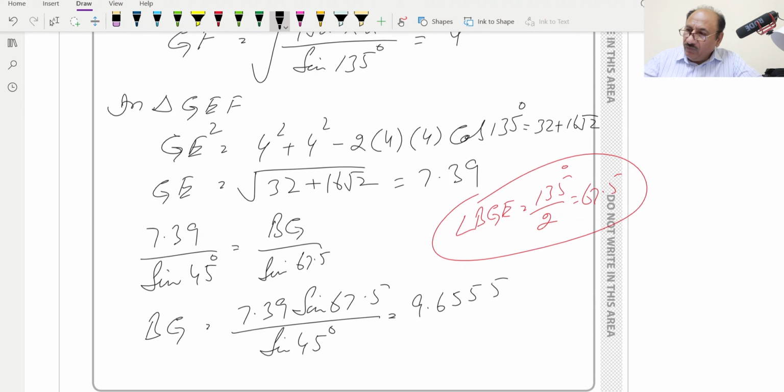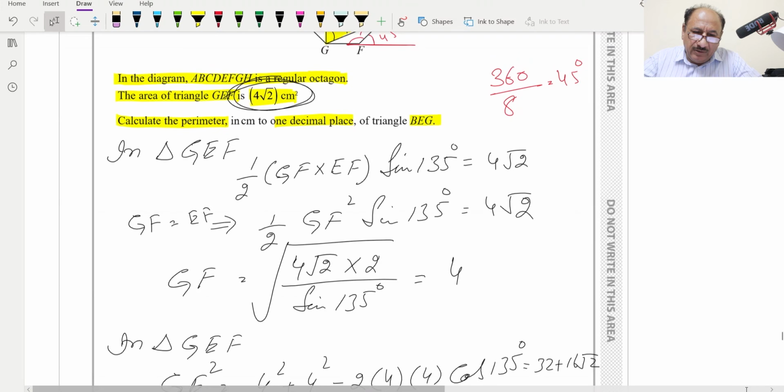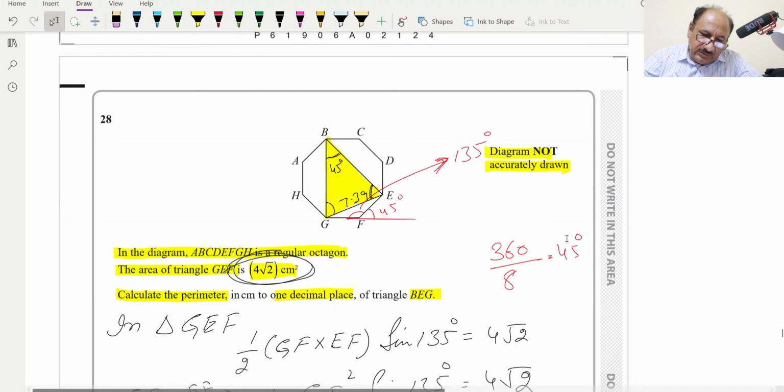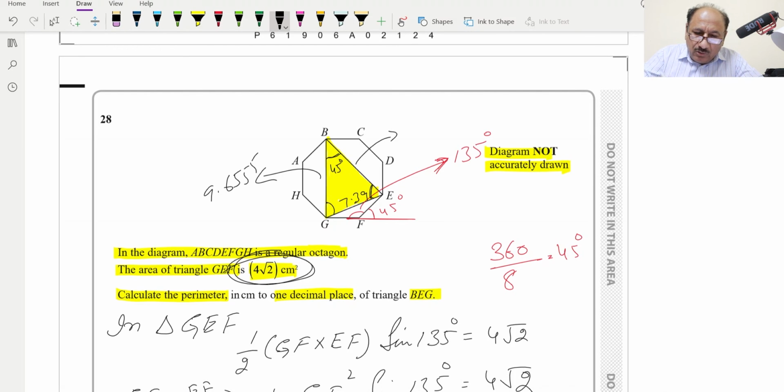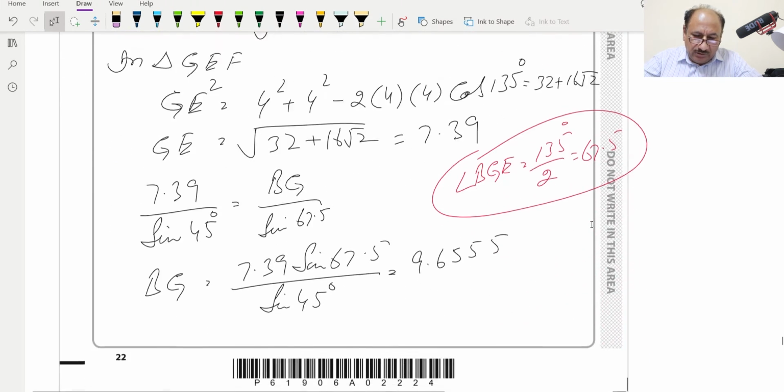Now we have three sides to add. One side is 9.6555, this side is also 9.6555, and this side 7.39 we have already calculated.